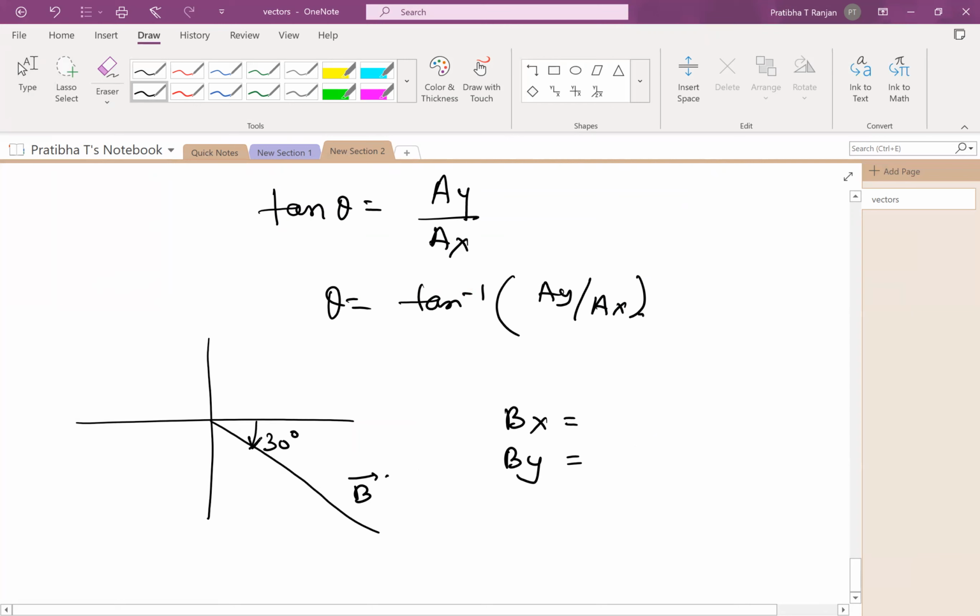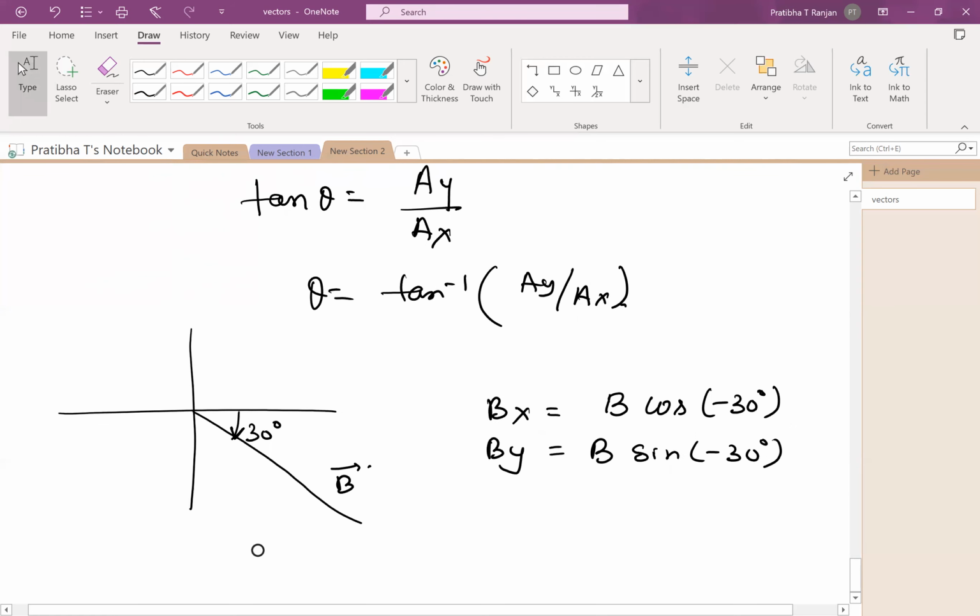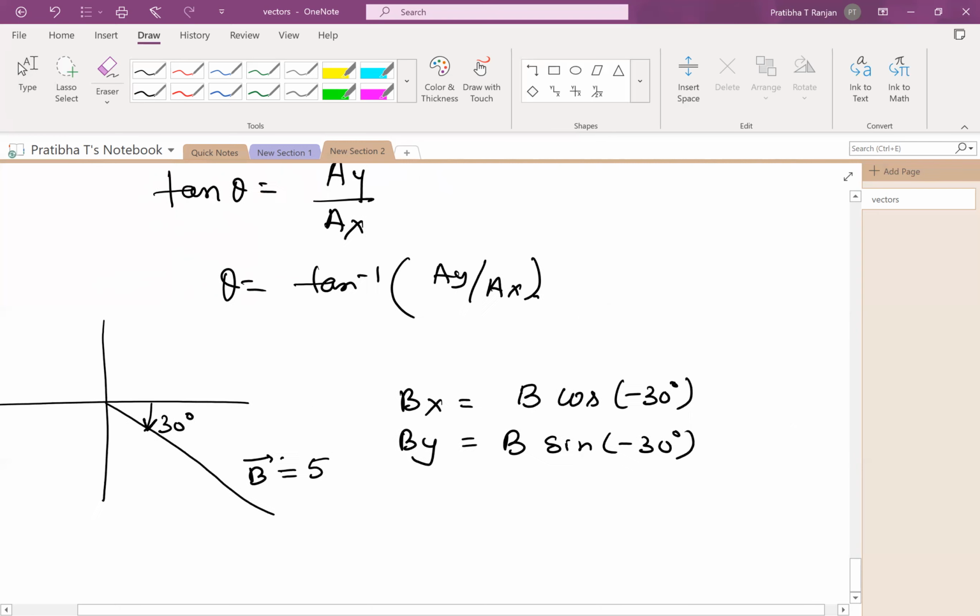So the Bx is along the x-axis, so it is B cos of minus 30, and this will be your B sin of minus 30, right? Suppose your B has a value of 5.